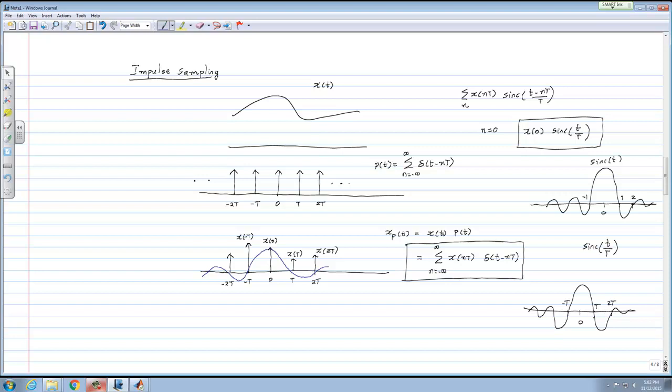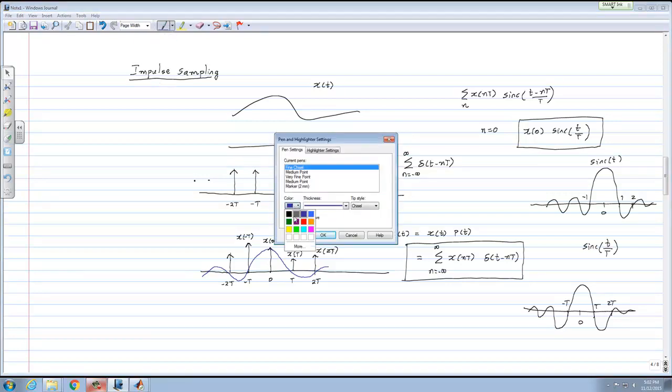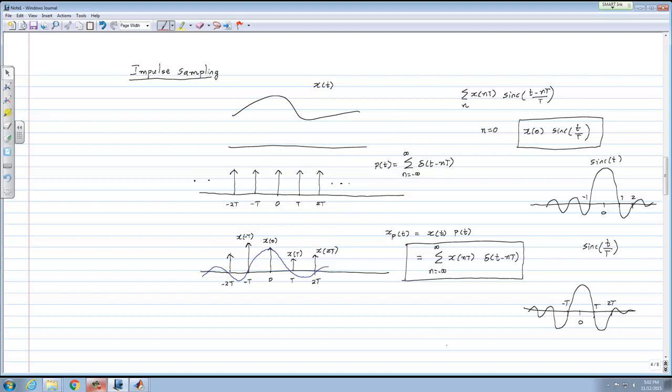Now let's think about the term corresponding to n equal to 1. So when n is 1, I have x of T times sinc t minus T over T. What is sinc t minus T over T?